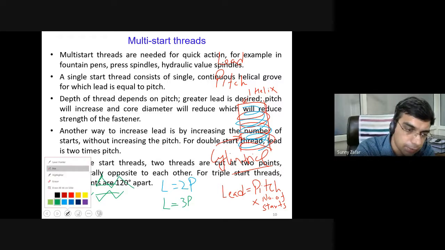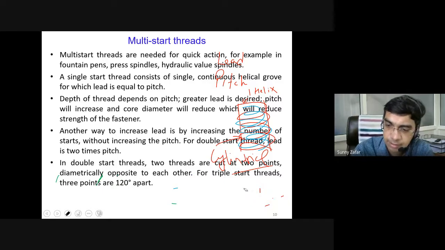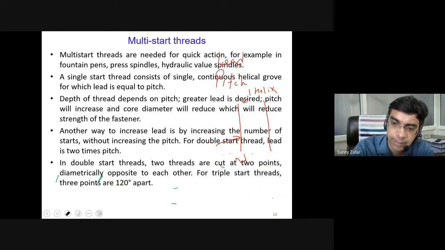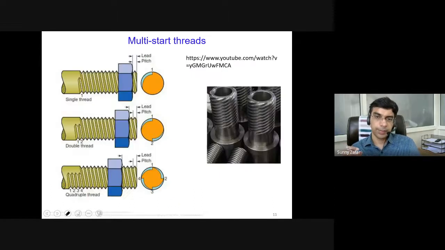What can be done? Generally the helices can be cut in an equiangular fashion. For example, if there is a two start thread, they are 180 degrees apart. I'll show it in the next slide. For three, it is 120 degrees apart, and so on.